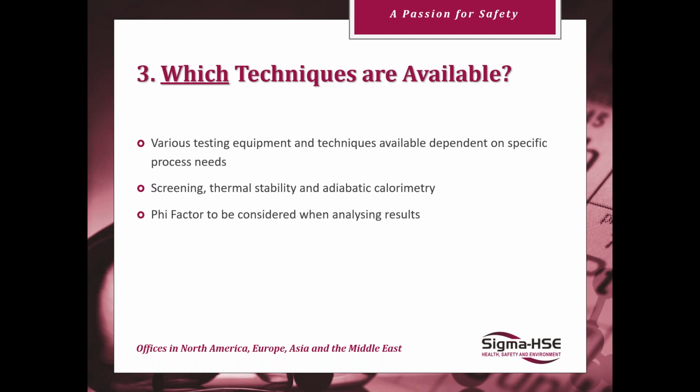Typically with this kind of work, unless our client knows exactly what they need and what they want, we will have a phone call discussion or something of the same ilk to really go through what kind of process you're working on and suggest the best route forward in terms of what testing is most appropriate. We have screening and thermal stability testing and adiabatic calorimetry testing.